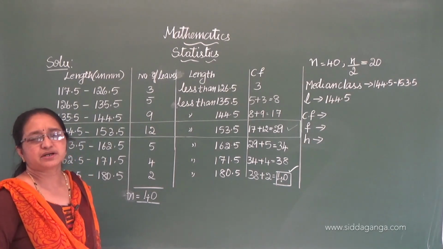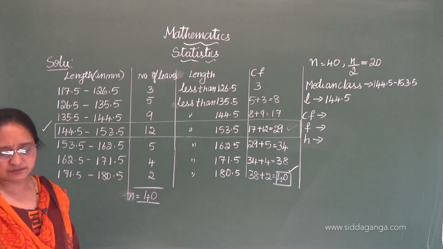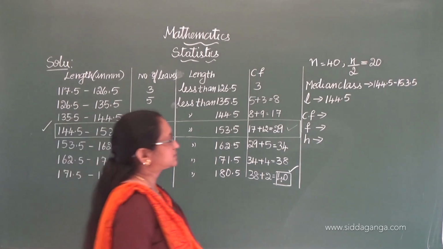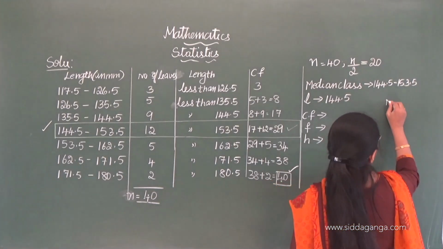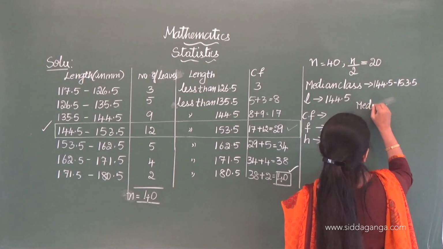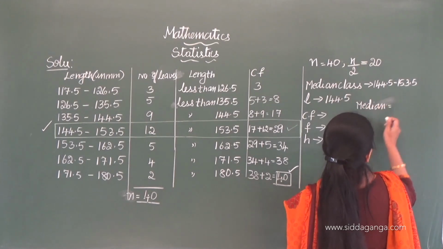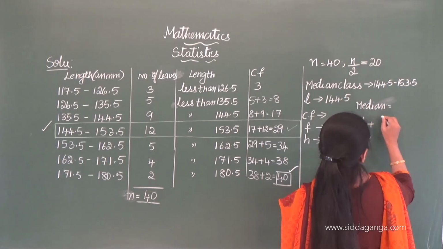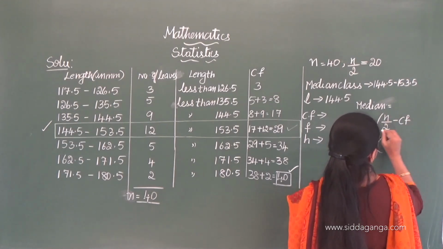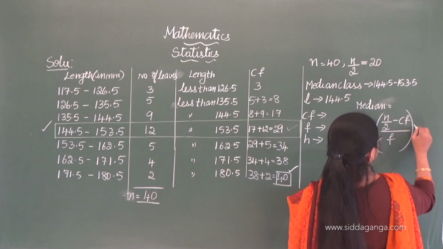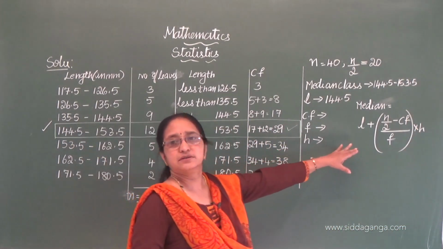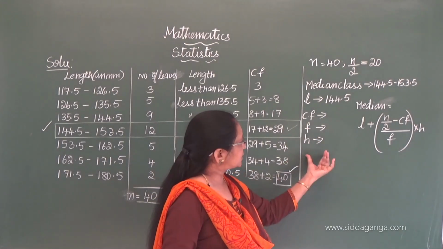What is the formula of the median? Let me write here: median is equal to L plus n by 2 minus cumulative frequency divided by frequency into H.